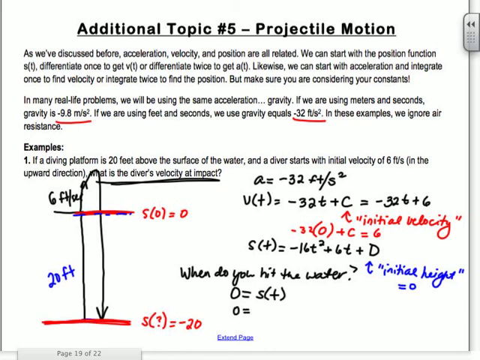So I have 0 equals negative 16. Oh, nope, not 0. Negative 20, right? Negative 20 equals negative 16t squared plus 6t. So basically, I'm just going to graph y1 to be negative 16t squared plus 6t plus 20. And I'm going to solve.